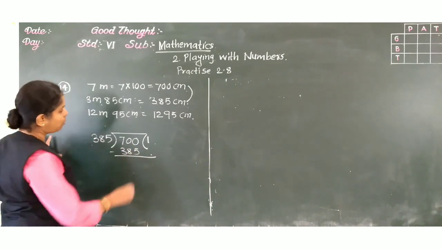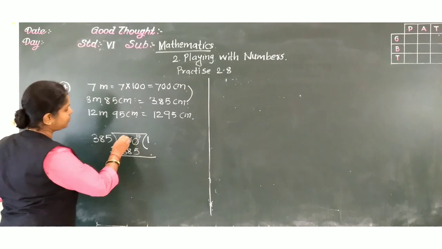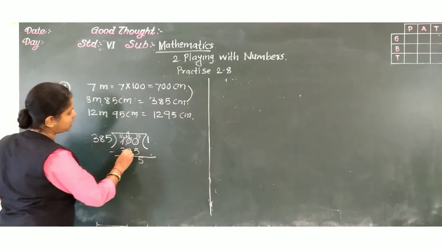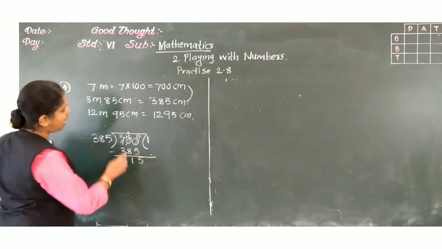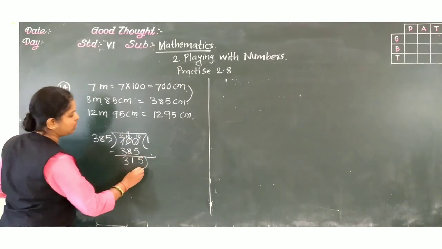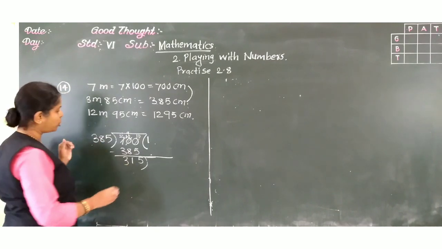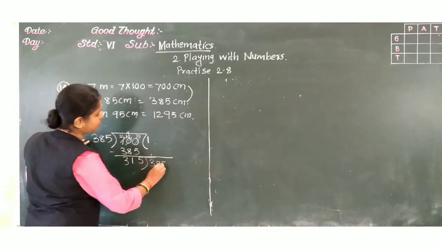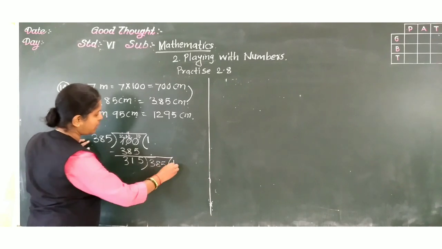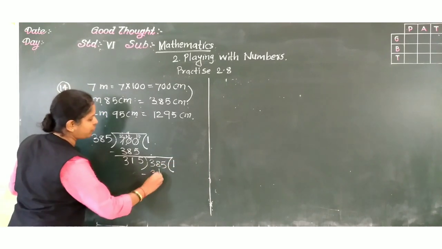Now subtract. 10 minus 5, 5, 9 minus 8, 1, and 6 minus 3, 3. Now with this remainder, 315, we have to divide.